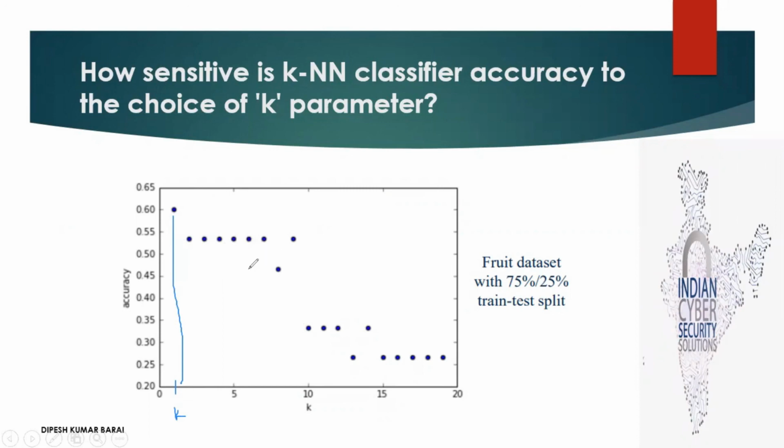Okay, so if you take a value of k, it slightly decreases, but that will give you the best result. Okay, and when you are increasing the data set, the accuracy is also decreasing.